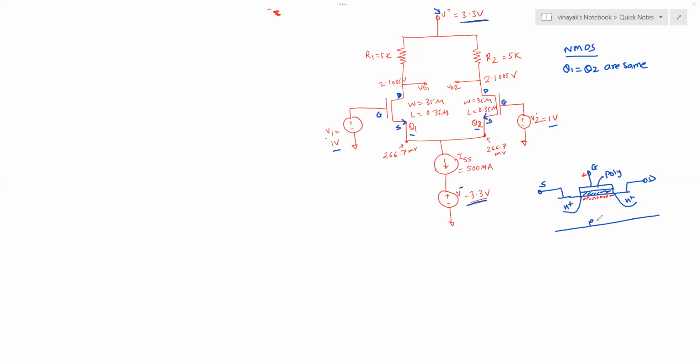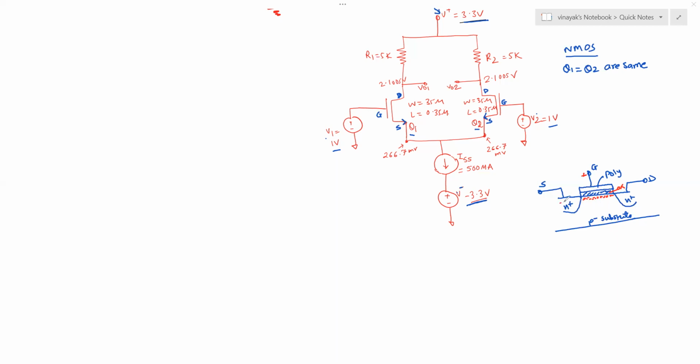This is the P minus substrate, or the body of the device. So the electrons, which are indicated by the red color here, are attracted beneath the interface of the oxide and the semiconductor. Remember, this is your oxide, or silicon dioxide. And then you say the channel is inverted.